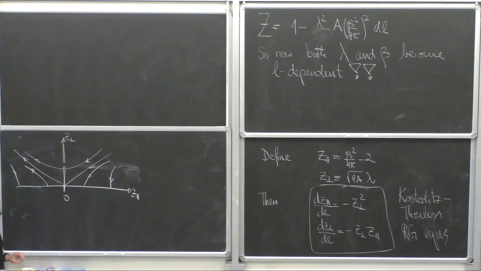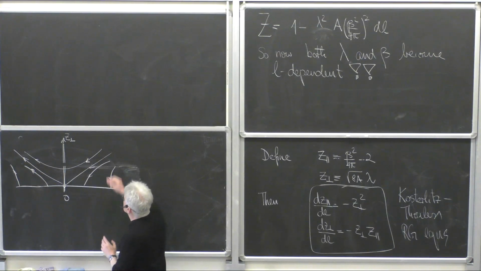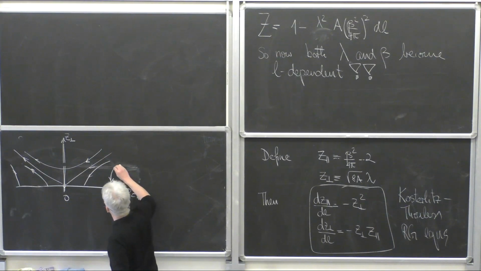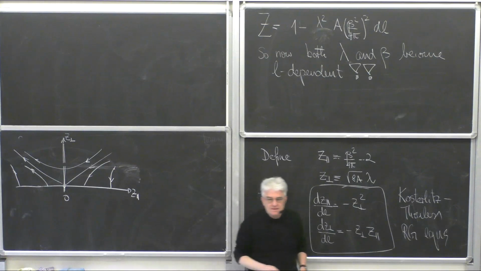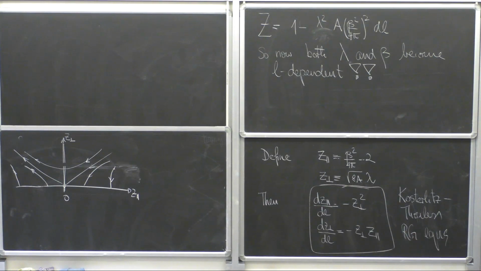The way to read this is if you start with some initial values of beta and lambda, yeah. So this positions you at one of these trajectories. So let's say at this one here, yeah. And then you integrate the RG equation. So you integrate out the fast degrees of freedom, and your coupling constants renormalize.